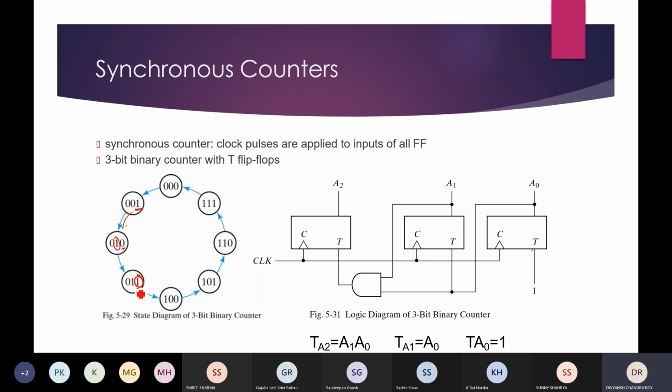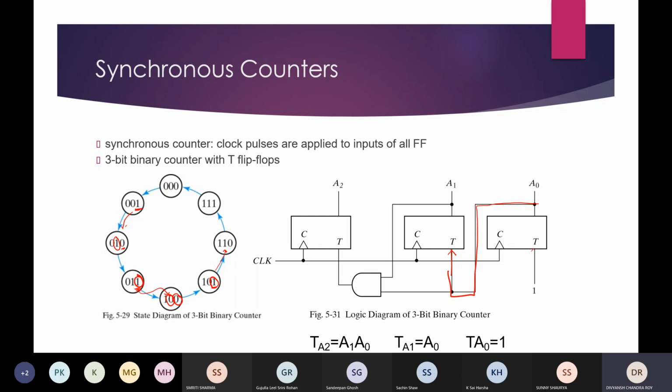Here again the first bit is 1, then the second bit will be toggled, and here the first bit is 0, so the second bit will not be toggled. Which means that this input T1 can simply be A0, that is what is written here, this A0 is simply going to the T1 input of the second T flip-flop.